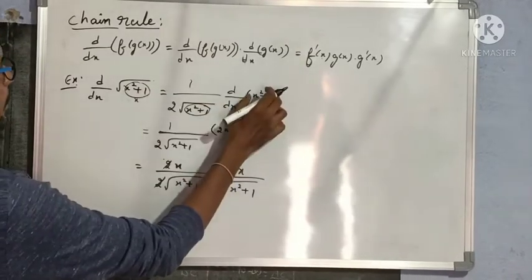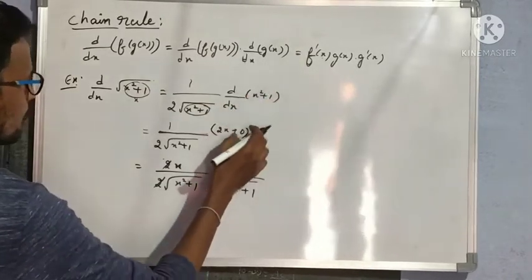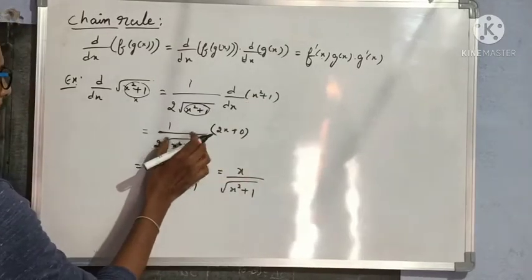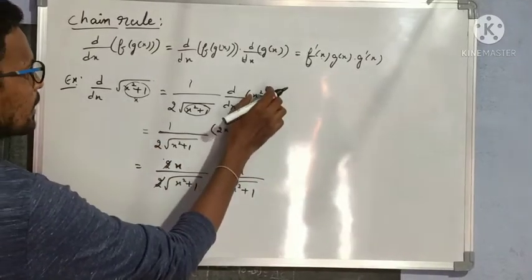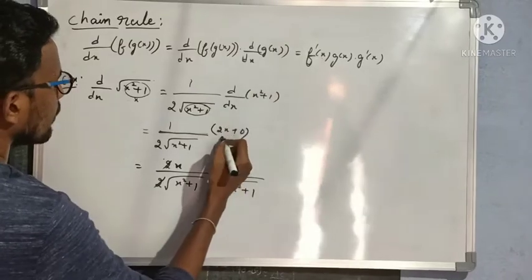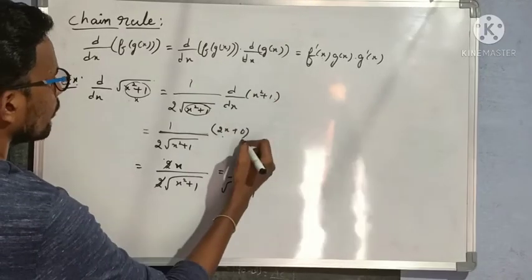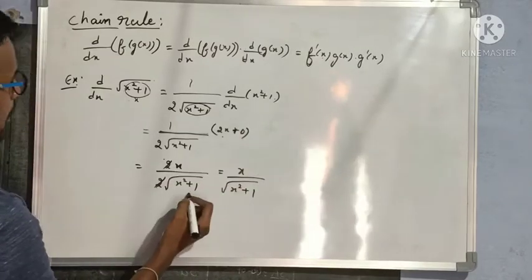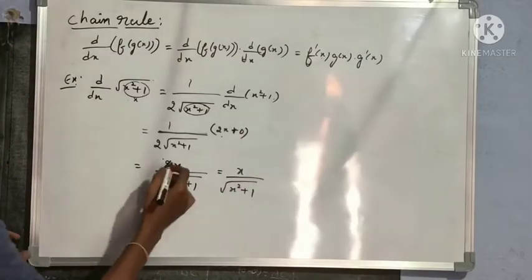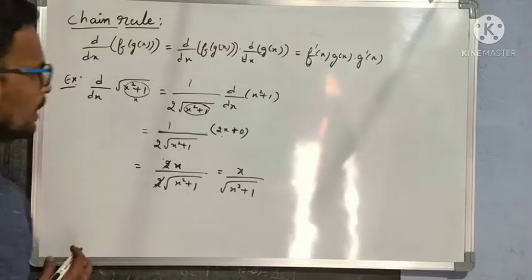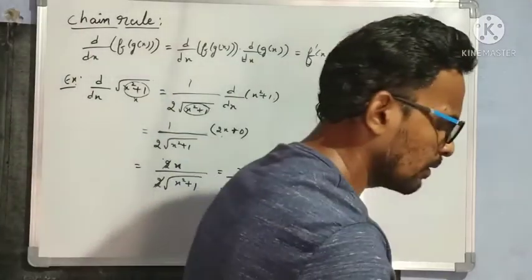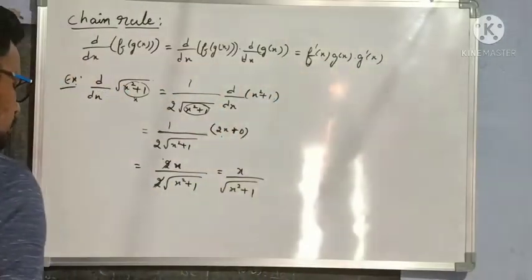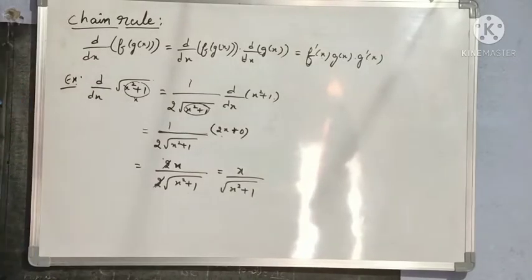This function is g of x. So now this one as it is, and differentiating this inside function, x square plus 1, d by dx of x square is 2x and d by dx of 1 is 0. So this becomes 2x plus 0 is 2x. So 2x by 2 into square root of x square plus 1. So 2 gets cancelled, x by square root of x square plus 1. Okay, this is how we have to do differentiation using chain rule.